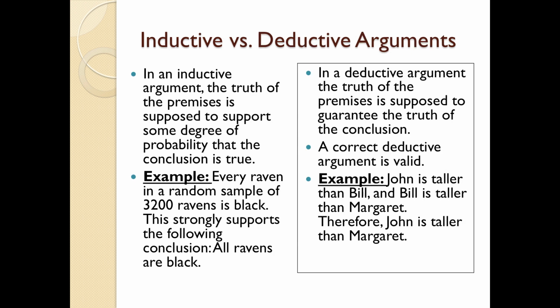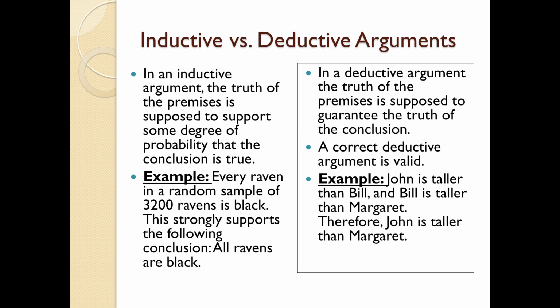Okay, next topic. So there are two main forms of argumentation. There's more variation than this, but one standard categorization of argument is the difference between inductive and deductive arguments. In an inductive argument, the truth of the premises is supposed to support some degree of probability that the conclusion is true. So the example I've given here: every raven in a random sample of 3,200 ravens is black.